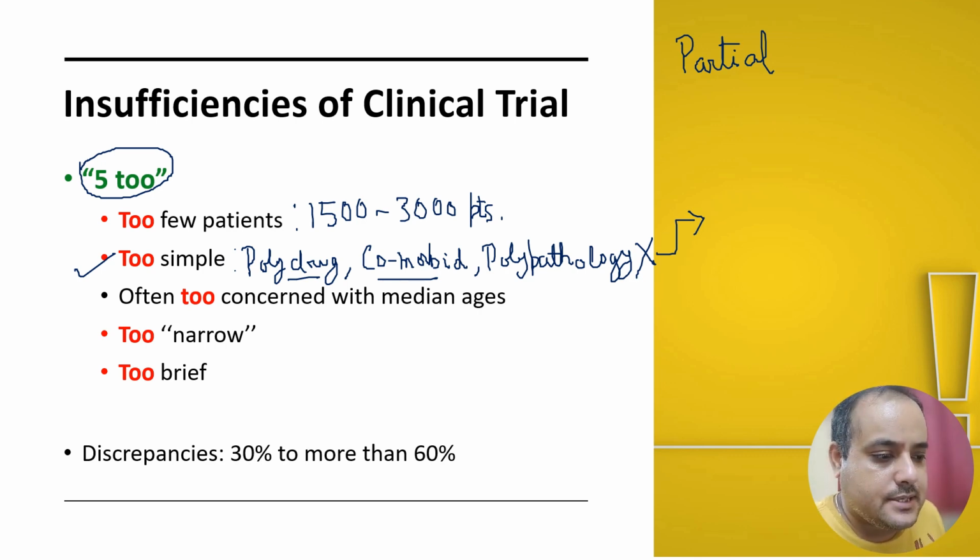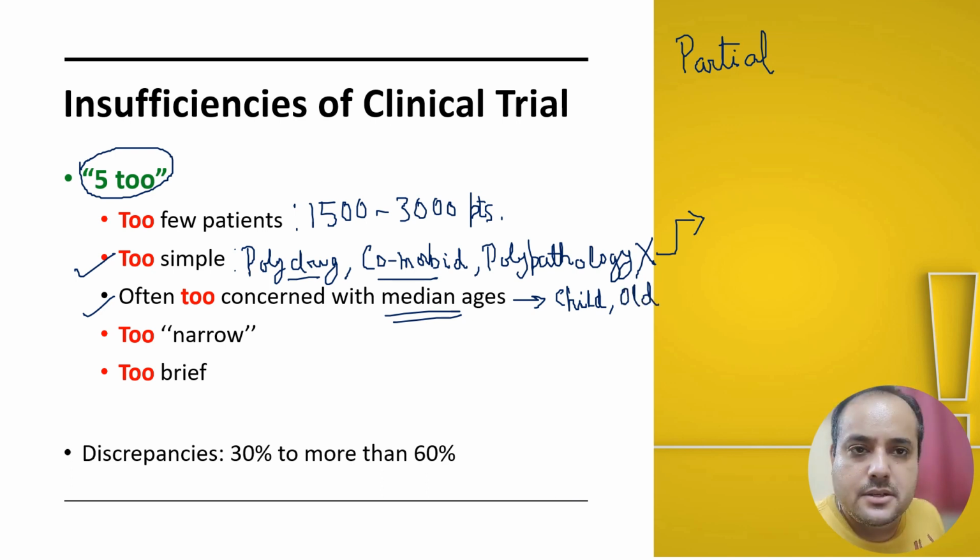The third point is that it is too concerned with the median ages, right? Because especially the extremes of the age, such as a child, or an old patient, the geriatric age group, are normally excluded from the clinical trials.